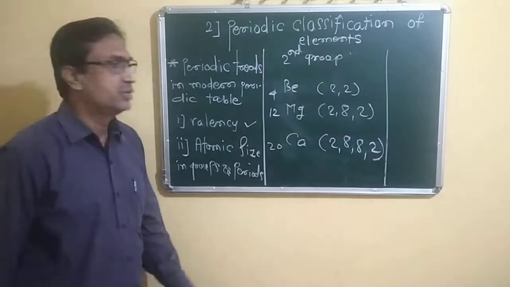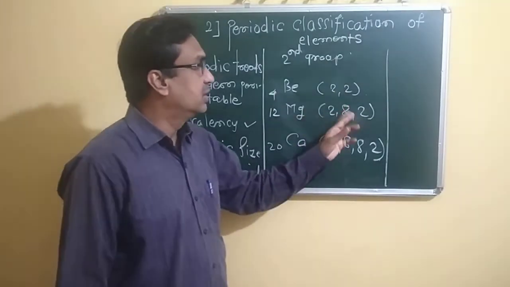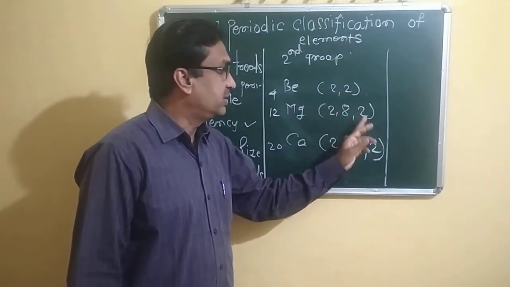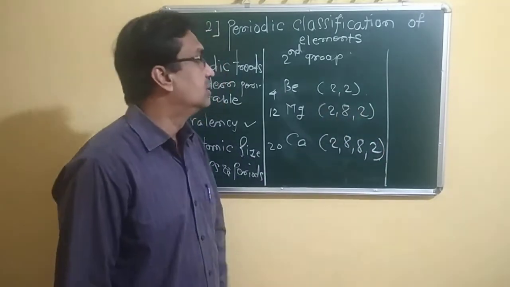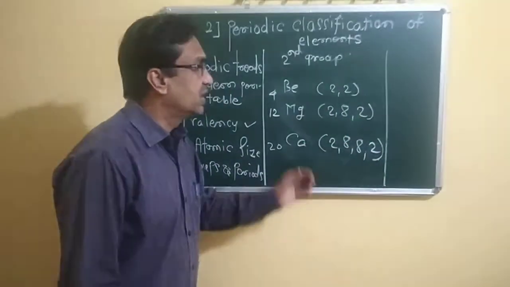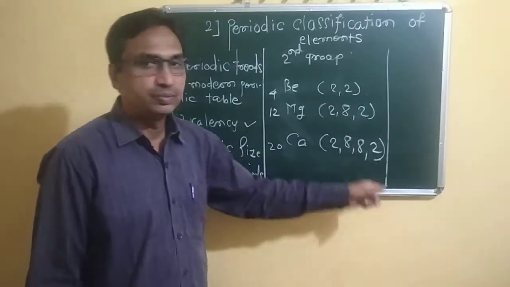What do we see here? In the last orbit, the valence shell or outermost shell, the number of electrons is 2.